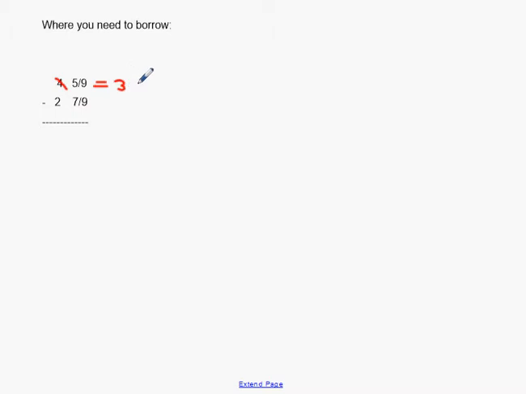And then we have 9 ninths, because that's equal to the 1 that we borrowed. And we're adding to that the 5 ninths that was already there. And that gives us 3 and 14 ninths.